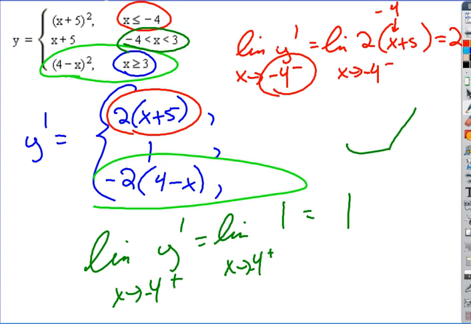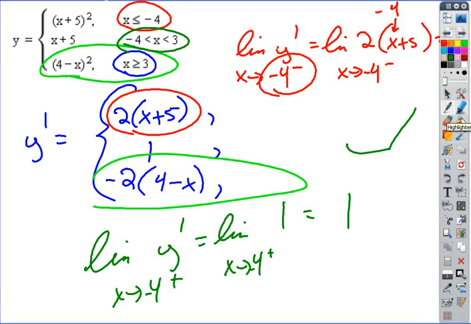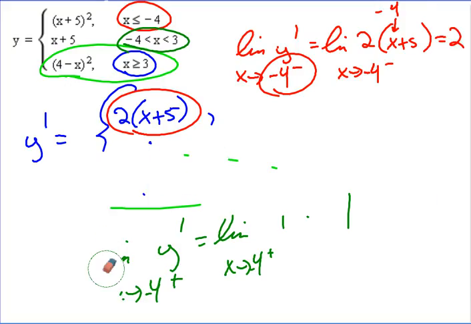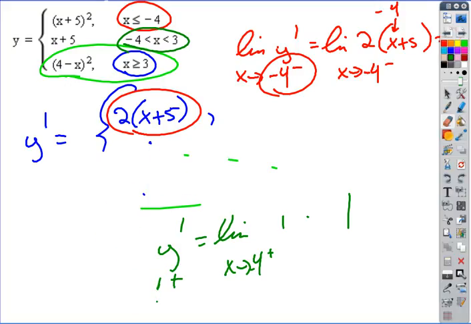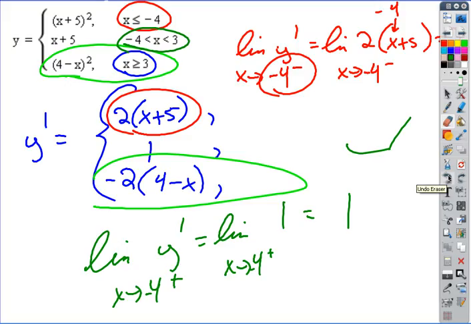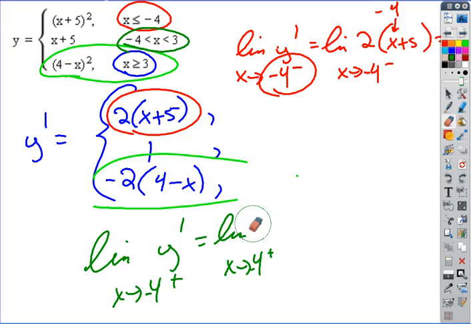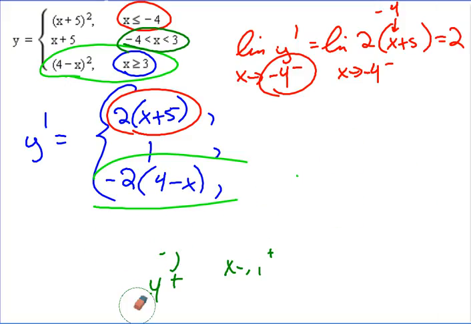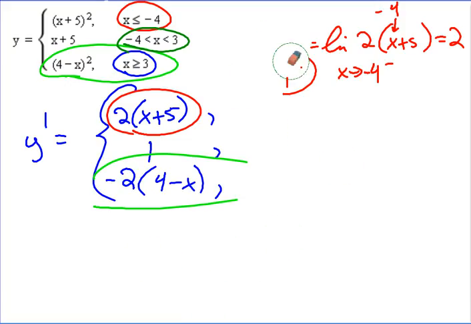What about the bottom one then? Walk me through the bottom one. If I want to know if he is sensing the same slopes from the left and the right at the other transition at 3, what's that going to look like? Did you take the limit of -2 times the quantity 4 minus x as x approaches 3 on both sides?